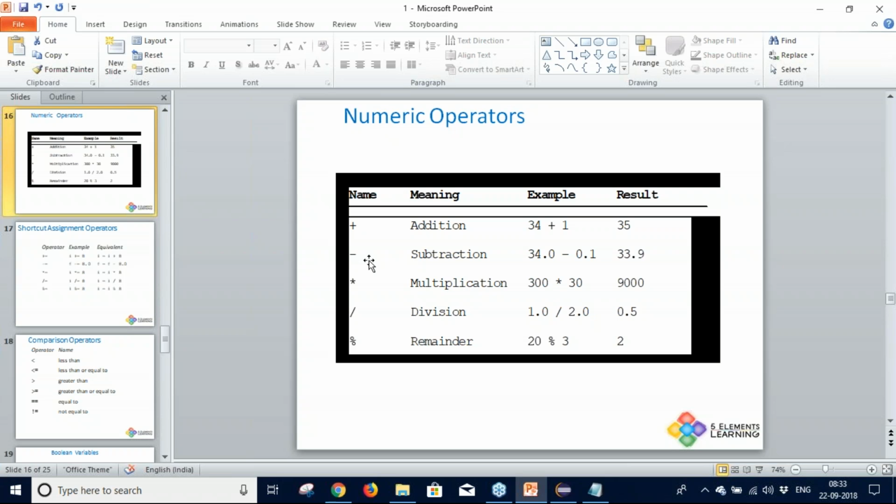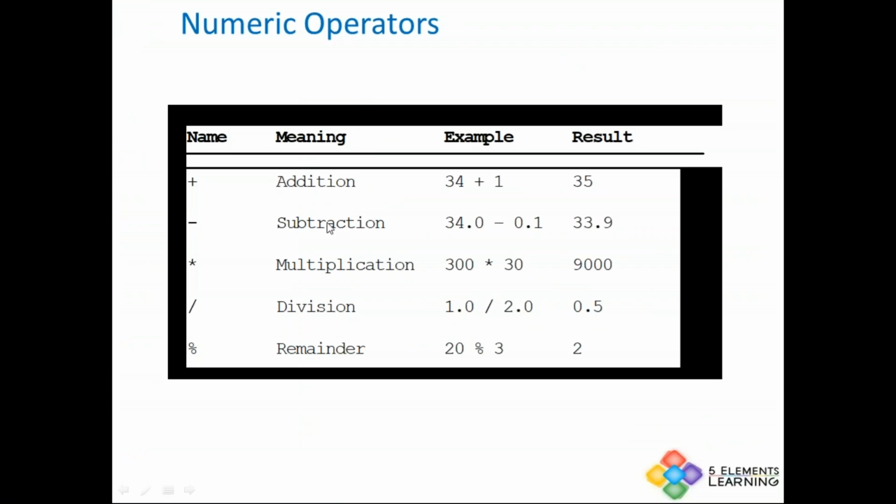The addition operator will add two numbers, the subtraction operator will subtract a number from another, the multiplication operator will multiply two numbers, the division operator will divide a number by another, and the remainder operator will basically provide you with what is left over. So these are your numeric operators.